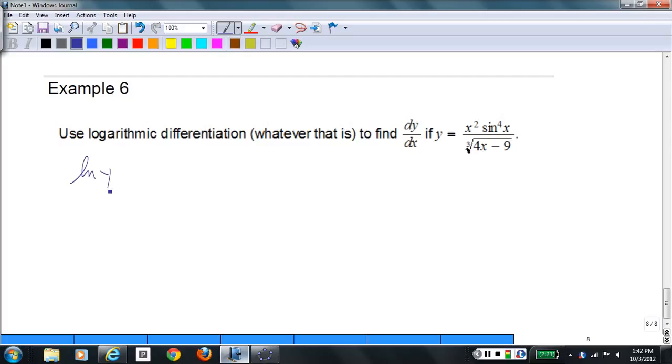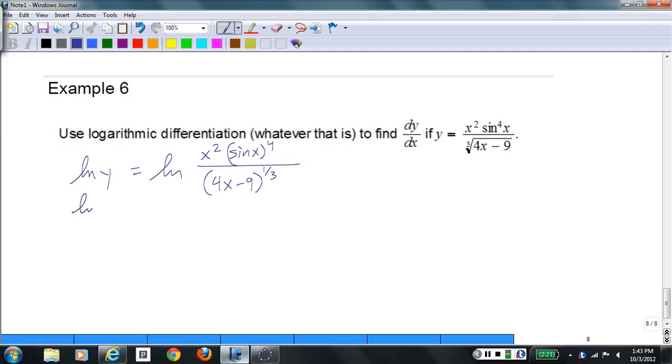Natural log of y equals the natural log of x squared sine x to the fourth over 4x minus 9 to the 1/3. Before we take any derivatives, simplify the right-hand side as much as possible. Expand that logarithm just as much as the properties of logarithms will allow you to expand it.